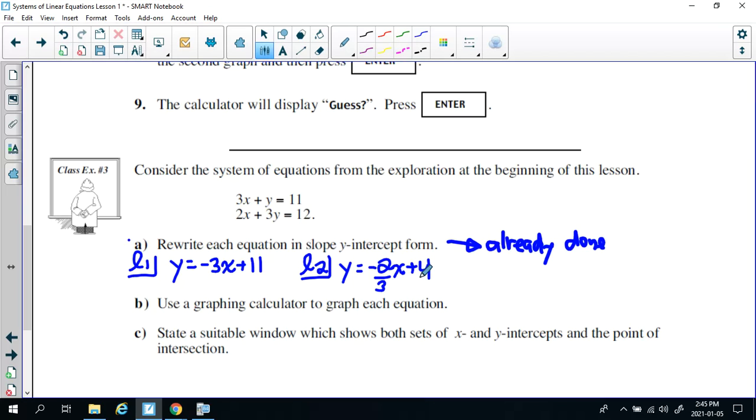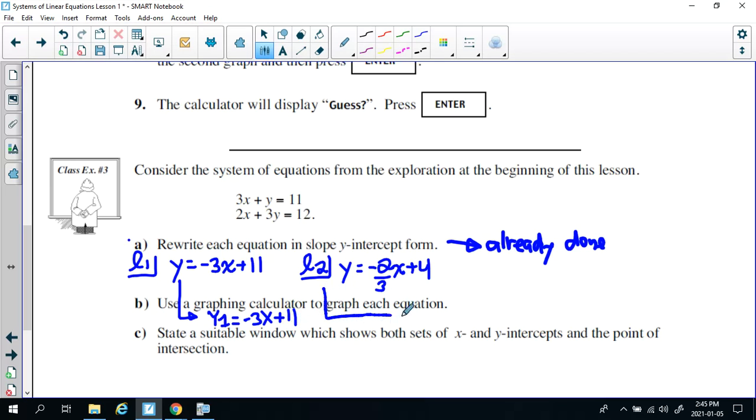Okay, now it says use a graphing calculator to graph each equation. Now the way to put it in the graphing calculator is you can only plug it in if you write it in y equals mx plus b form. So I'm going to take this equation and enter it in for y1. So in y1, I'm going to have negative 3x plus 11.